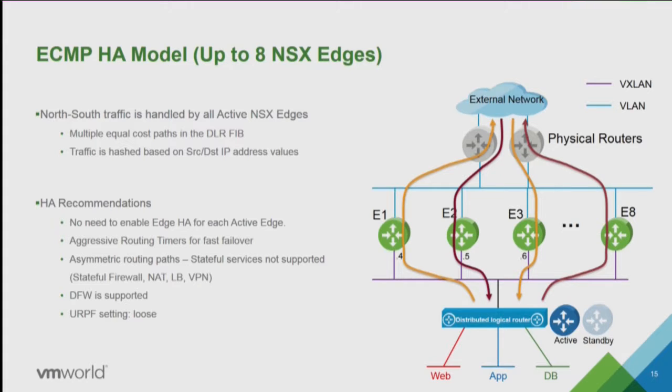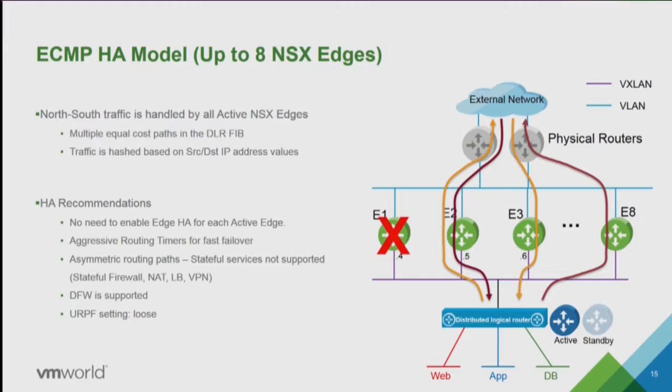One is done on the DLR and the other one is done on the physical router. On the DLR, we have control, but on the physical router, we have absolutely no control on what is done, how the hash algorithm is done, on which information. So that's another reason why stateful services are not supported.